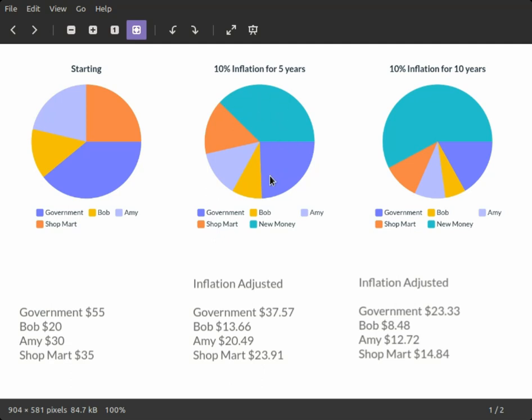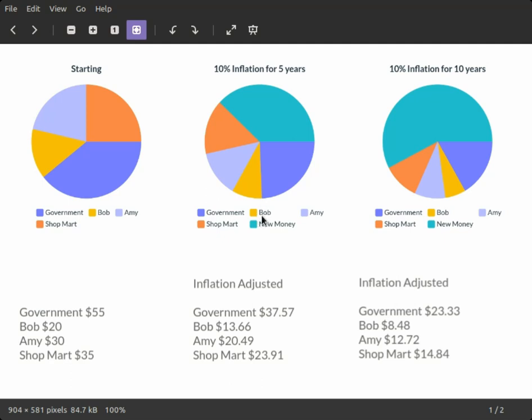So this has changed the pie. What it's done is it's squished the rest of the pie down here. So now the portion that it's taxing here is only $37 instead of $55. I'm sorry, inflation adjusted $37.